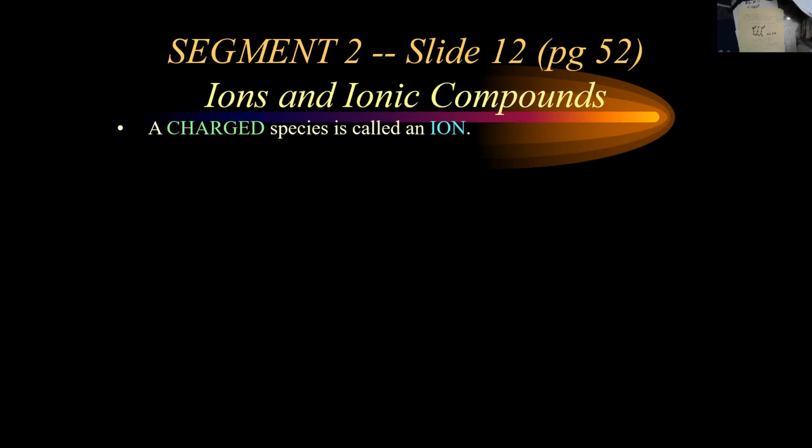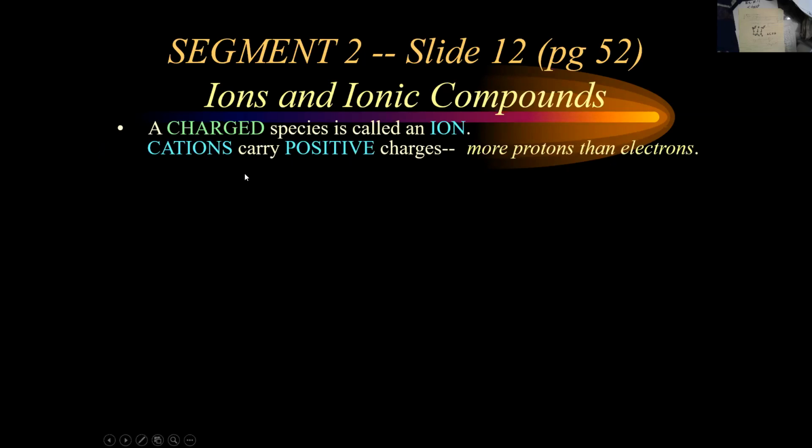So atoms or species that are charged are called ions. The cations carry a positive charge, and the anions carry a negative charge.